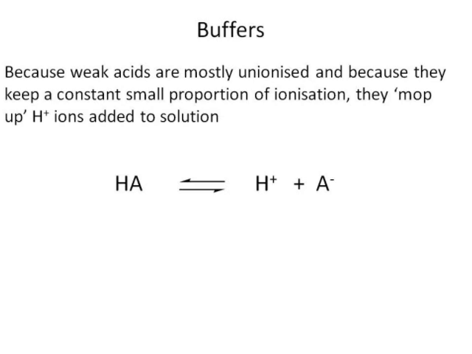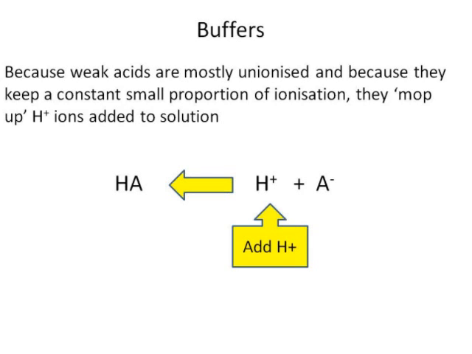So, if we take a weak acid, because the acid is mostly unionized, in other words, because the equilibrium in front of you is shifted so far to the left, if we chuck in a few more H plus ions, most of them will associate with the conjugate base and form the complete acid molecule.